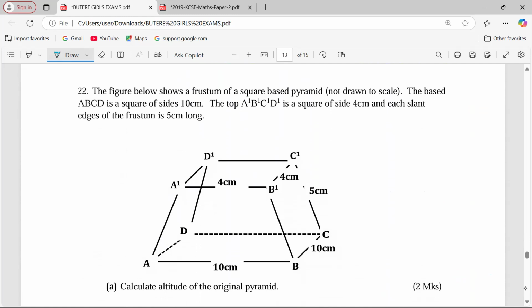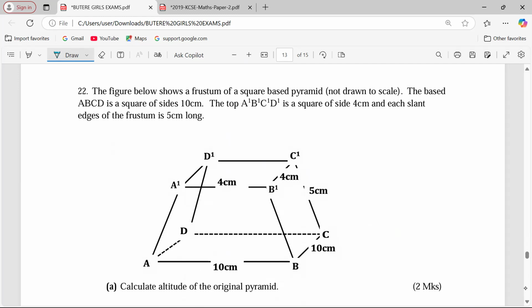The base ABCD is a square, side 10 centimeters. Then the top A'B'C'D' is also a square, side 4 centimeters. And each slant edge is 5 centimeters.